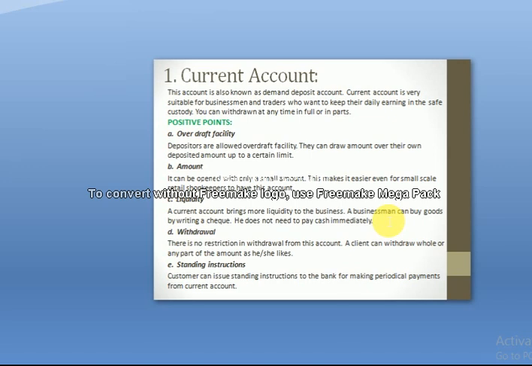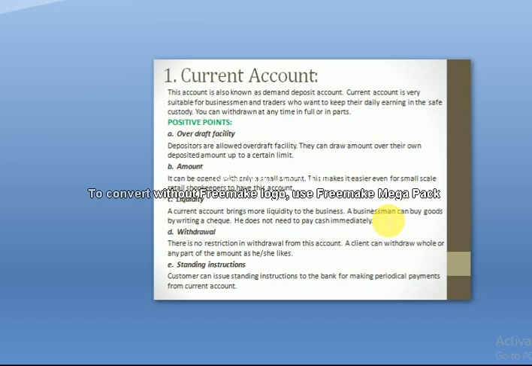Dear students, a current account can be opened in most commercial banks. A current account is a zero account. Zero account means a zero balance account where you are not required to maintain a minimum balance.